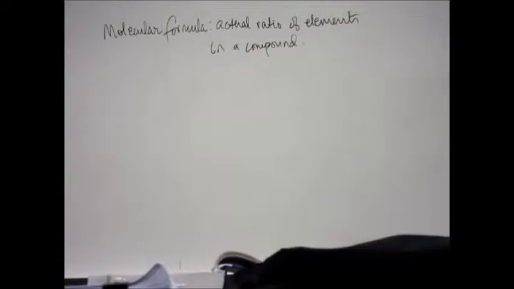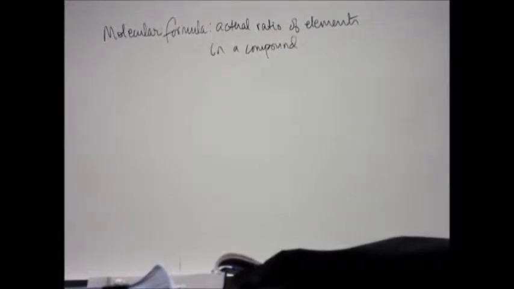This may be the empirical formula, but it's possible that when you actually go to find manganese 4 oxide, it exists as Mn2O4, though it does not usually. This usually does not happen in ionic compounds. For ionic compounds, the empirical formula and the molecular formula are the same thing.